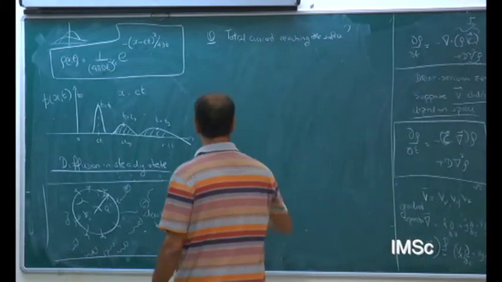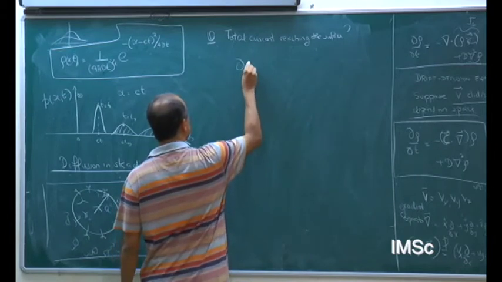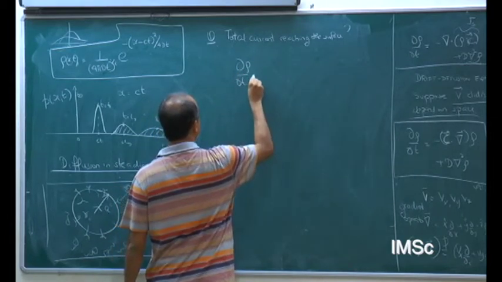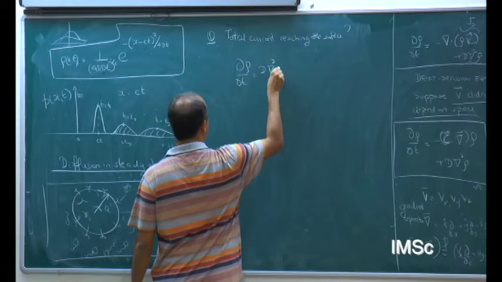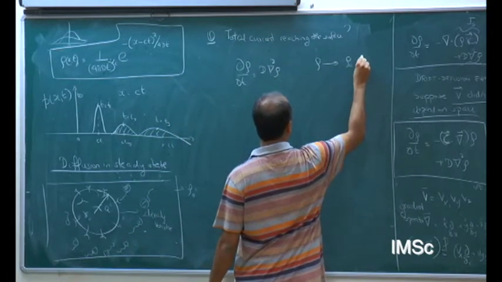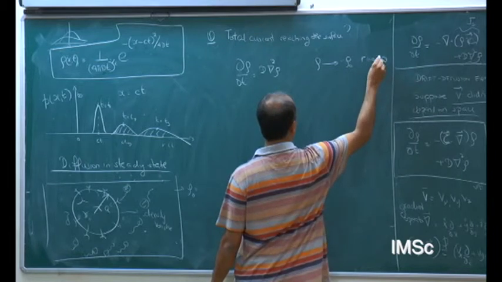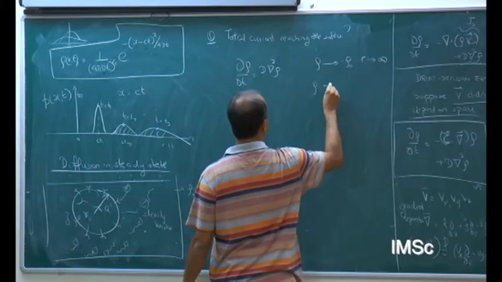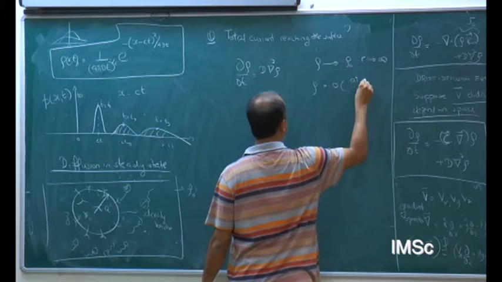So the equation that we have to solve is the diffusion equation, delta rho by delta t equal to D del squared of rho, with the condition that rho is rho naught at distance r going to infinity, and rho equal to 0 at the sphere surface.